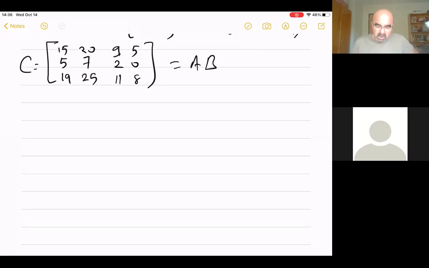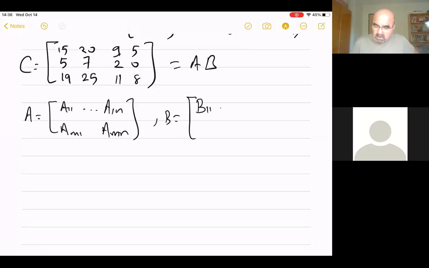So let's say A is A11 through A1n down to AM1 through AMN, and B is B11 through B1R down to BN1 through BNR, for example.